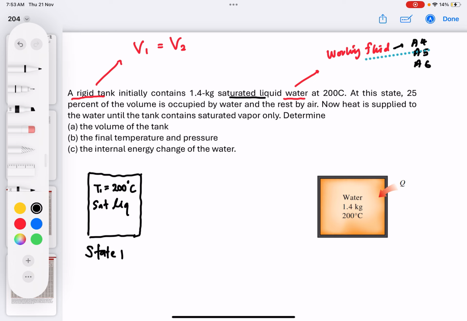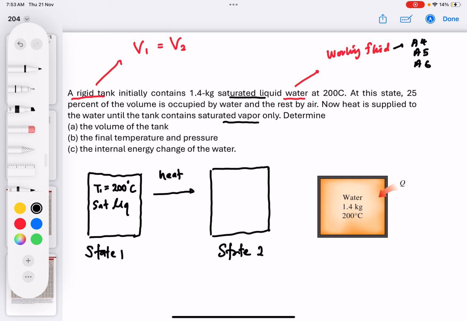And then heat is supplied, so now this is going to be the process. My thermodynamic system here is going to reach state number 2. State number 2 mentions saturated vapor, so the condition should be saturated vapor.